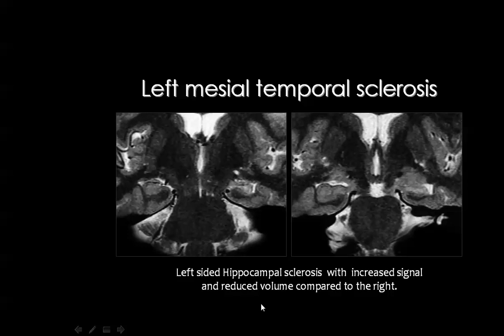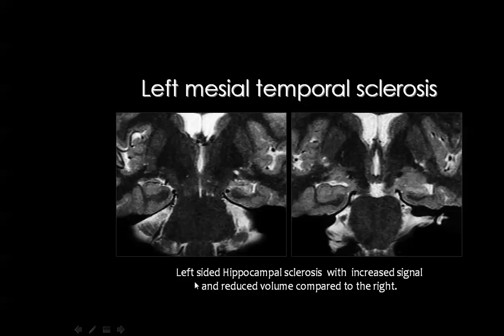These findings are usually diagnostic of mesial temporal sclerosis, and they represent a good explanation for the patient's complaint of seizures.